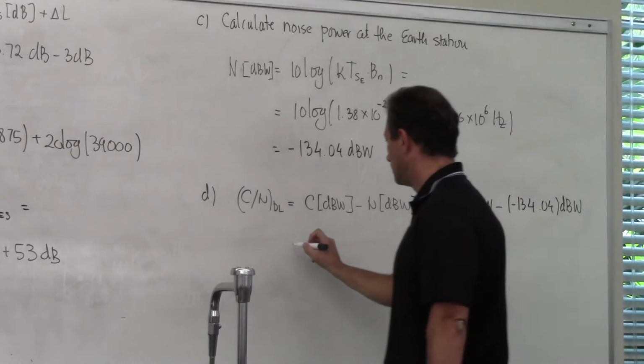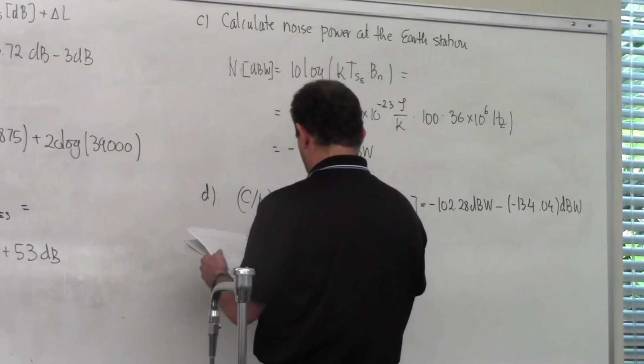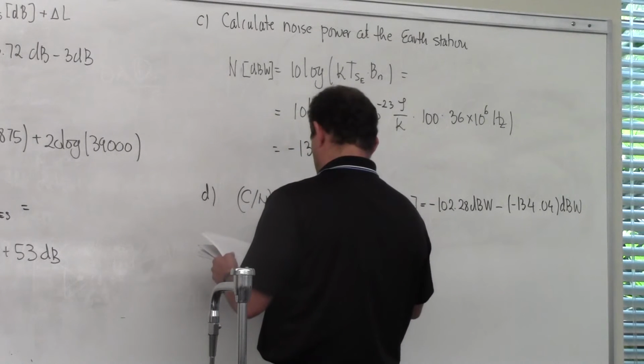And this gives you C to N on the downlink of 30.78 dB.